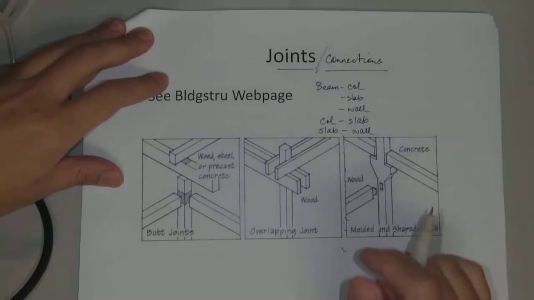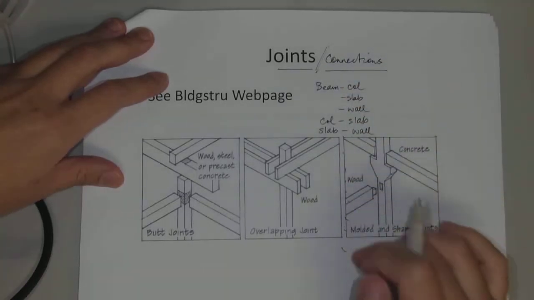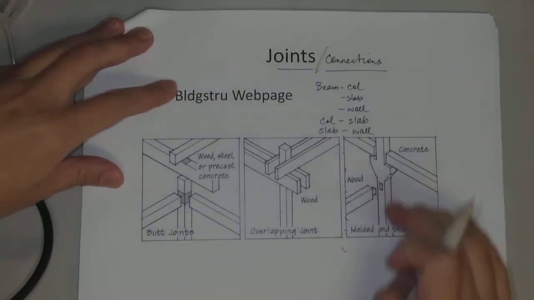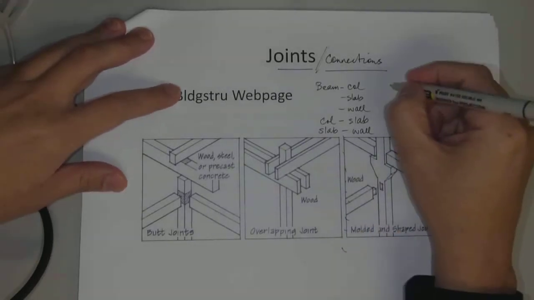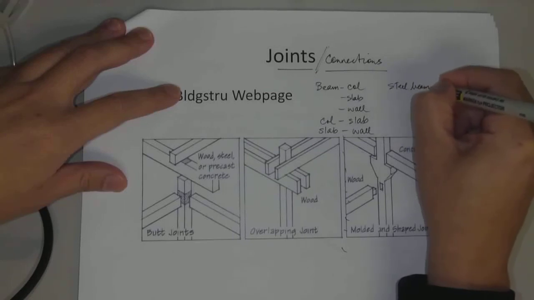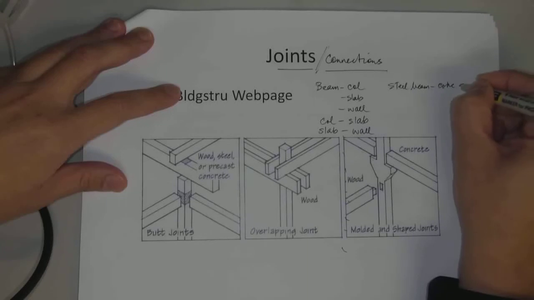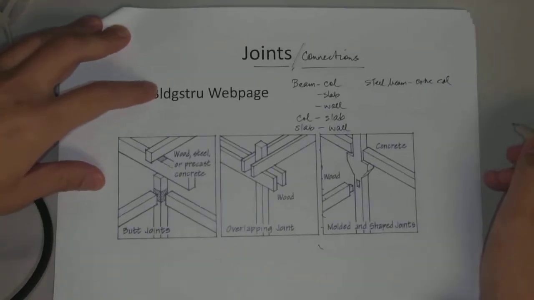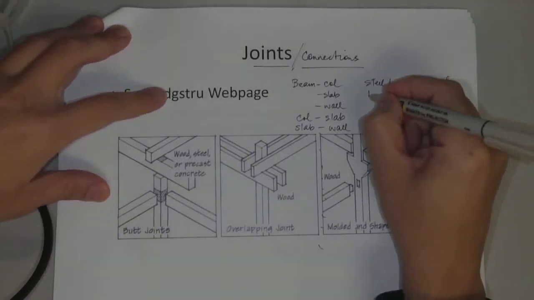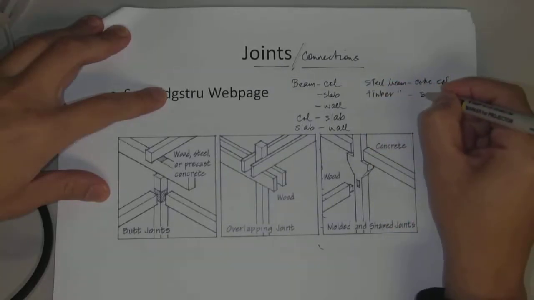So there are actually many connections if you try to write in terms of elements. If you want to write in terms of material, yes, you can have a steel beam supported with concrete column. You can have a timber beam supported with steel column.